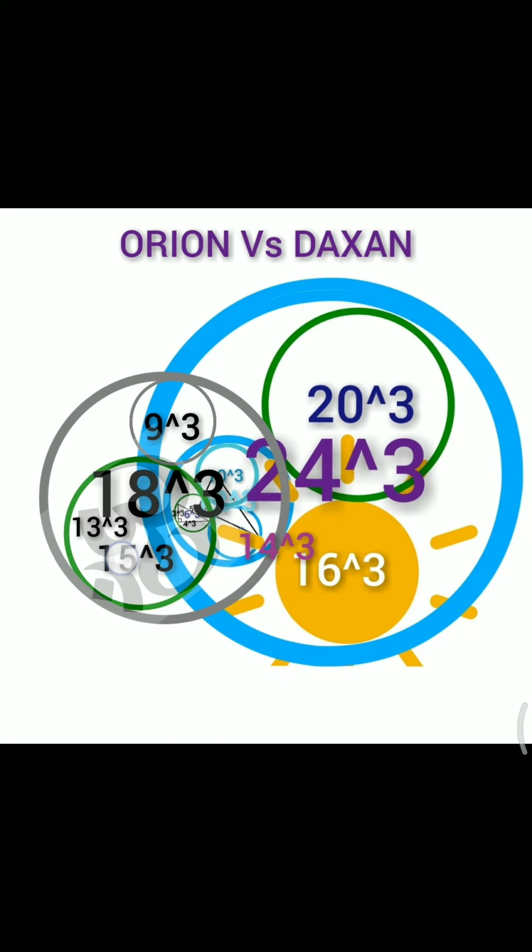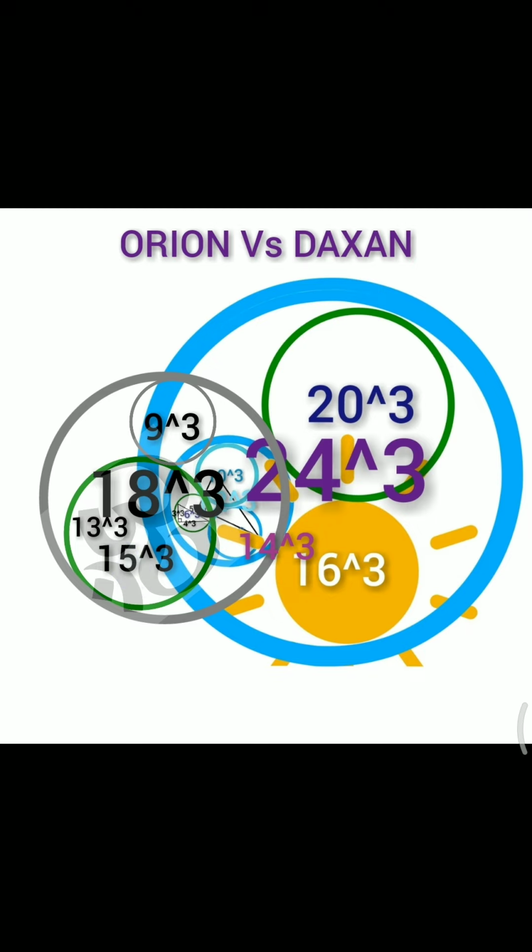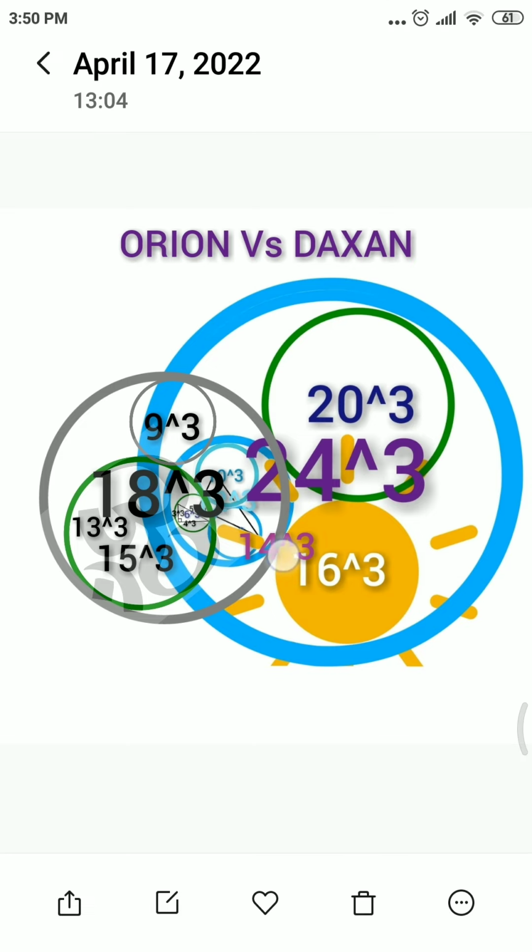15 square, rather not 15 cube, 15 square splits into 5 cube, 4 cube, 3 cube, 2 cube, 1 cube, and he could not remain together like 14 cube.